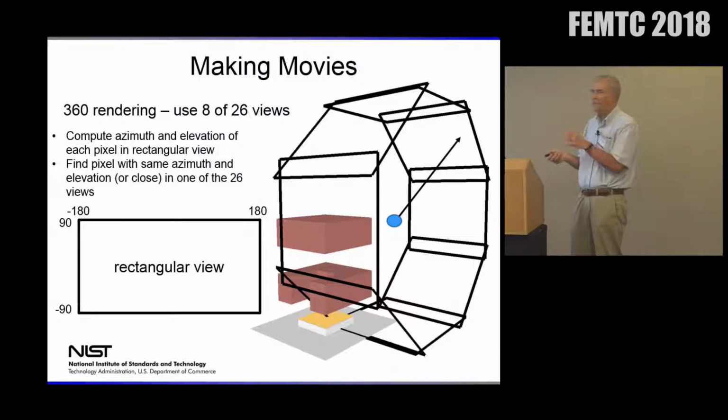So every pixel in this rectangle, you can think of as having an azimuthal and an elevation angle. So what Smokeview is doing is figuring out, for this pixel right here that I'm pointing at, which one of these 26, or in this case 8, squares is that pixel located in? And then I just copy it over.